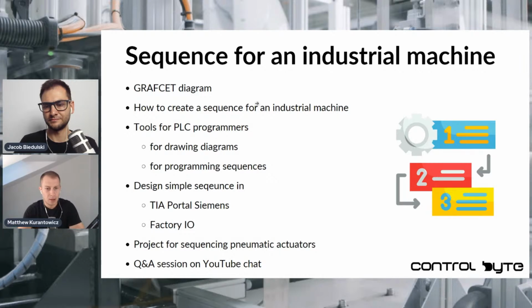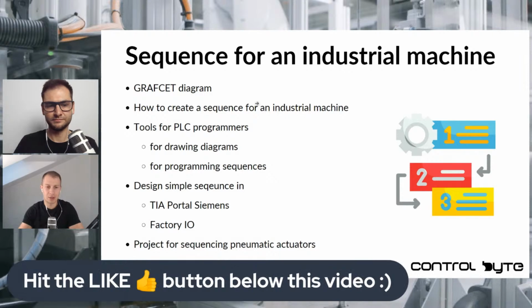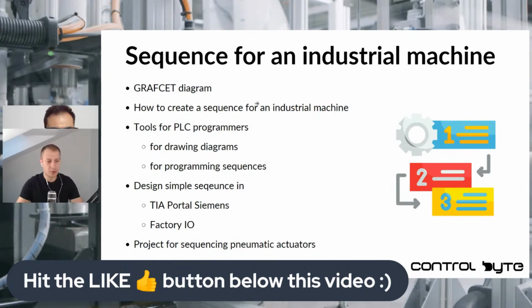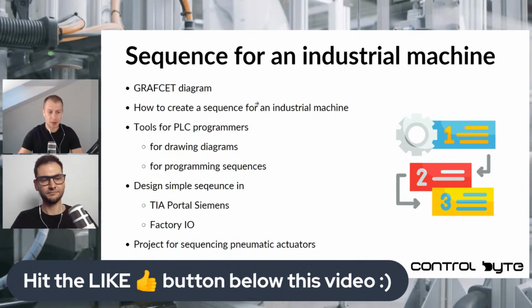So we will think about how to create a sequence for an industrial machine, and we will plan a sequence for 3 pneumatic actuators. We'll use some tools for PLC programmers. We can draw a diagram for our sequence on paper in our notebook, or we can use other tools in our browser.